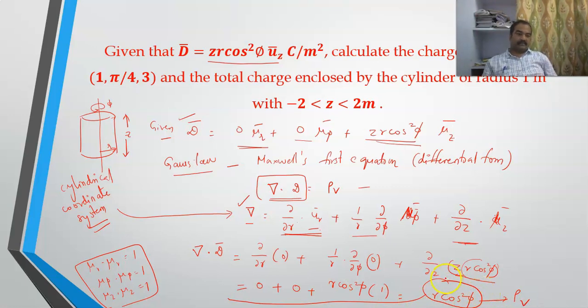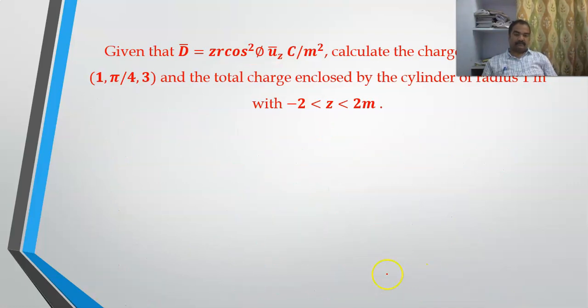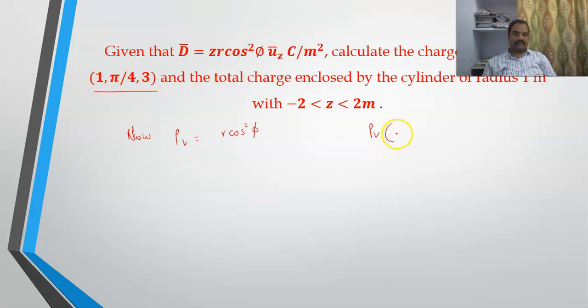Now the charge density has been obtained: rho v is equal to r cos square phi. He has asked to determine the charge density at a particular point, with this r, this phi, this z.